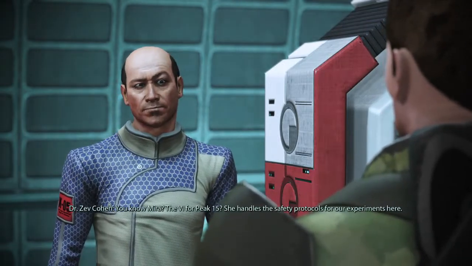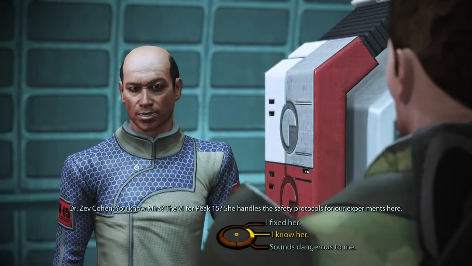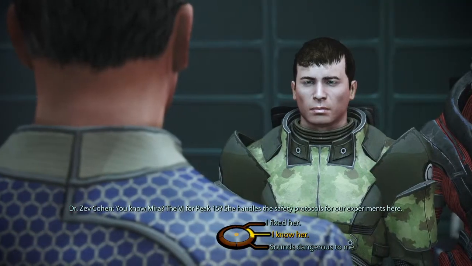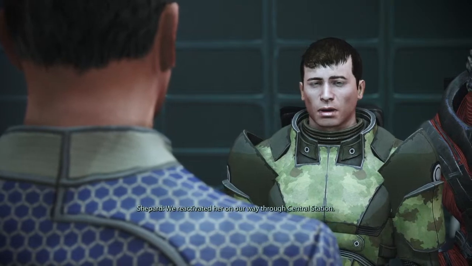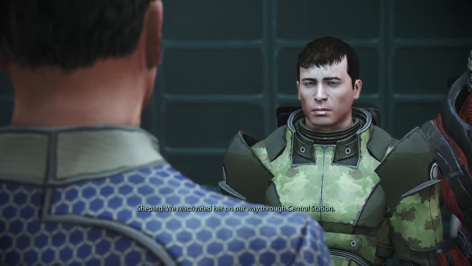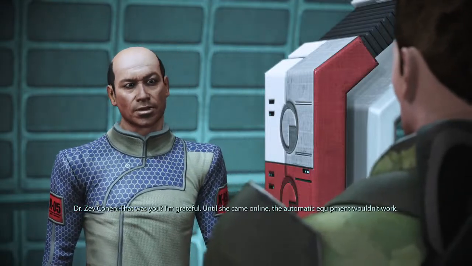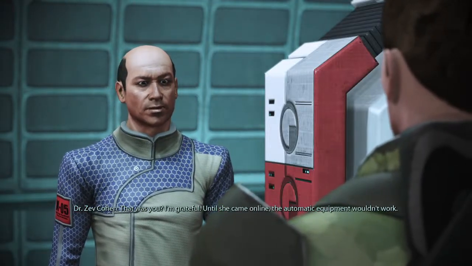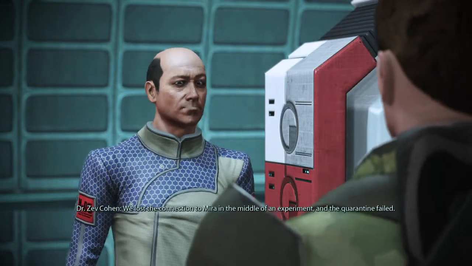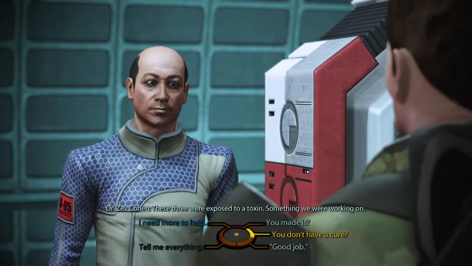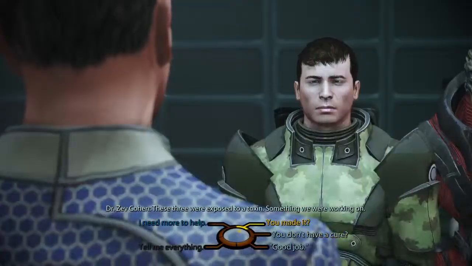You know Mira, the VI for Peak 15? She handles the safety protocols for our experiments here. We reactivated her on our way through Central Station. That was you? I'm grateful. Until she came online, the automatic equipment wouldn't work. We lost the connection to Mira in the middle of an experiment and the quarantine failed. These three were exposed to a toxin, something we were working on.